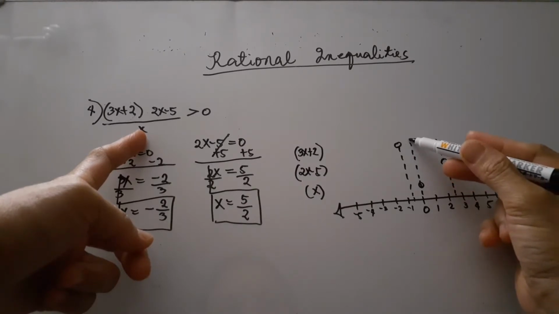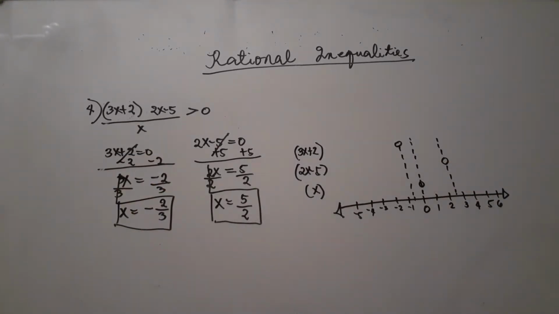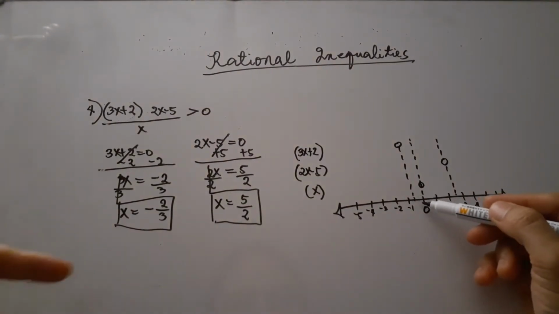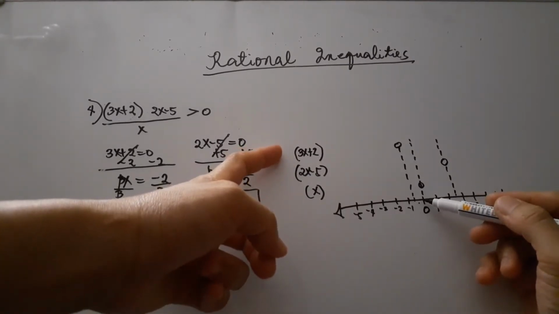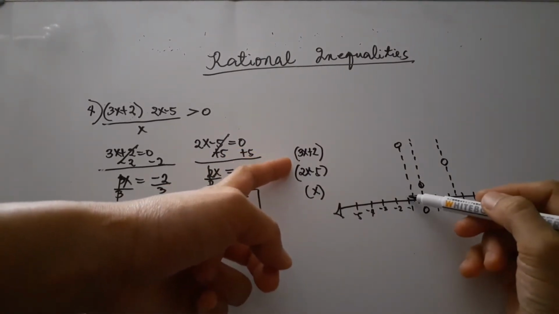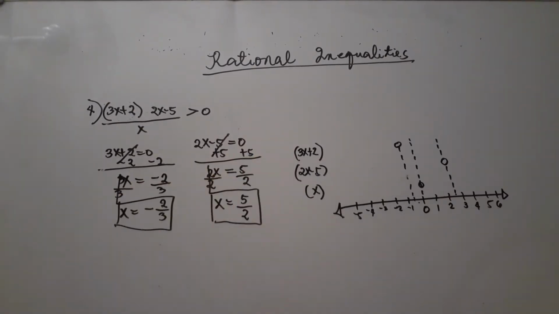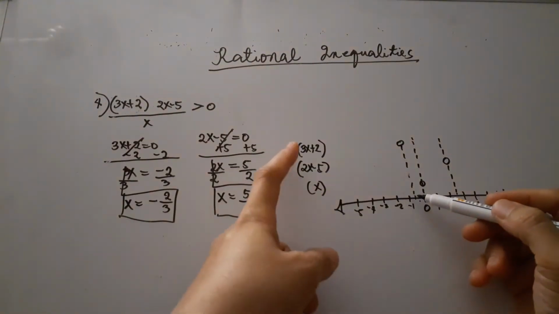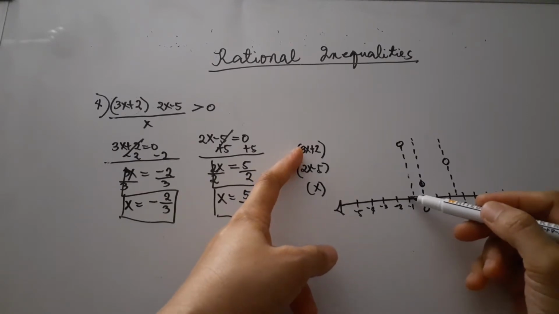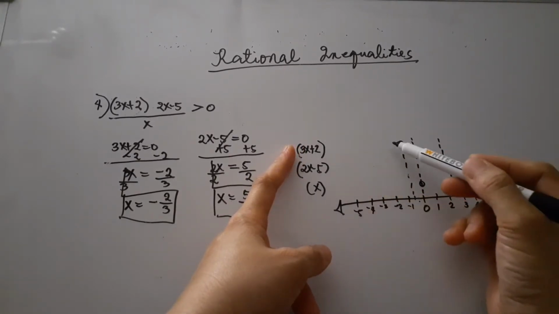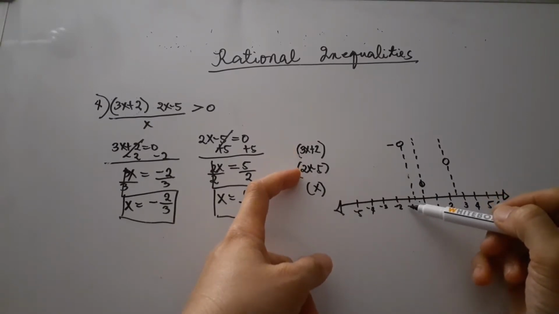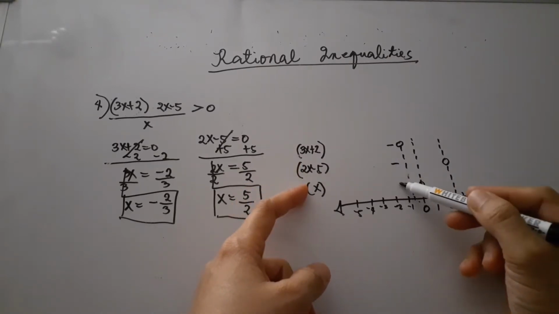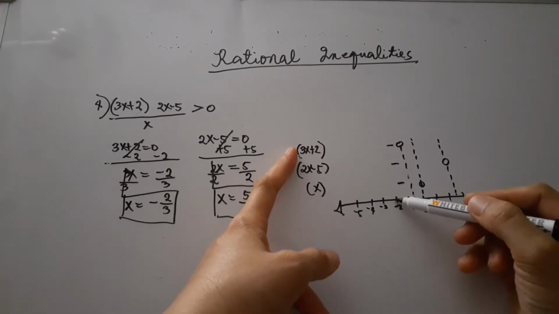This one. And then we can pick a number between negative 1 and 0 in this interval, since I also showed the solution set excluding the denominator, which is the value of x equal to 0. For this one, since negative 1, we substitute. So we have negative 2 times negative 1 plus negative 5 is negative, and this sign also is negative.